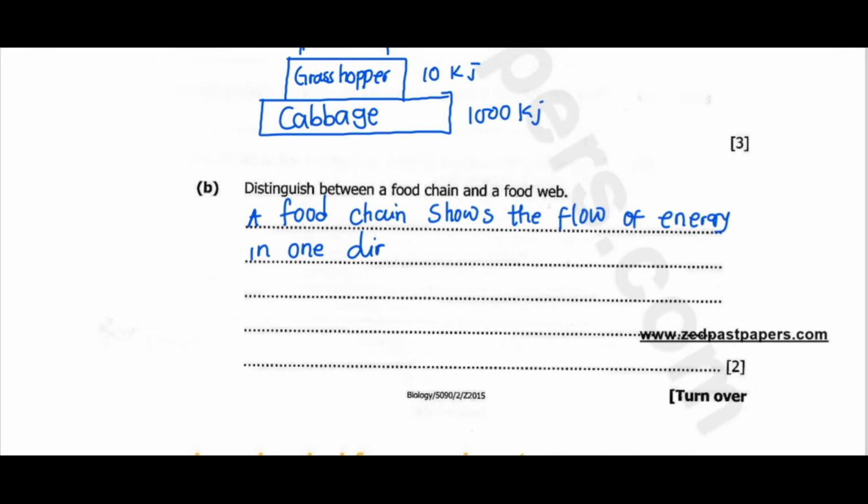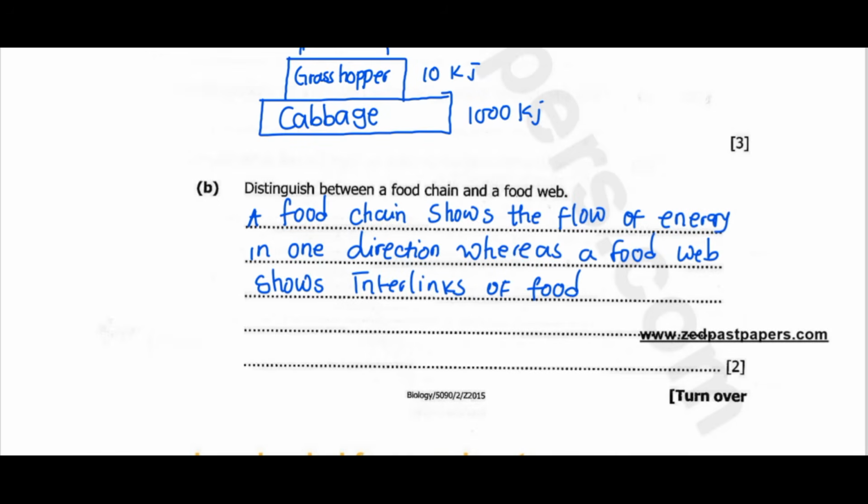Under a food chain, there is only one direction. But a food web shows the interlinks, or it consists of different food chains. Whereas a food web shows interlinks of food chains.